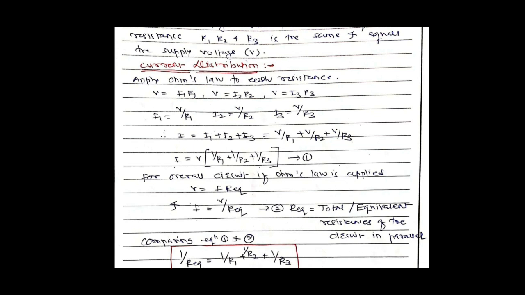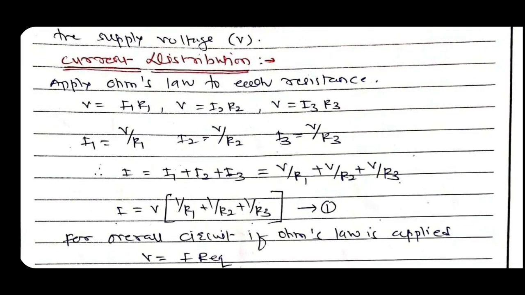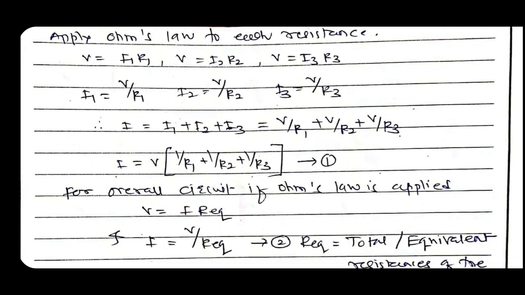According to Ohm's law applied to each branch, V is equal to I1 into R1, V is equal to I2 into R2, and V is equal to I3 into R3. So I1 is equal to V upon R1, I2 is equal to V upon R2 and I3 is equal to V upon R3. The total current I is equal to I1 plus I2 plus I3, because here there is a distribution of current.